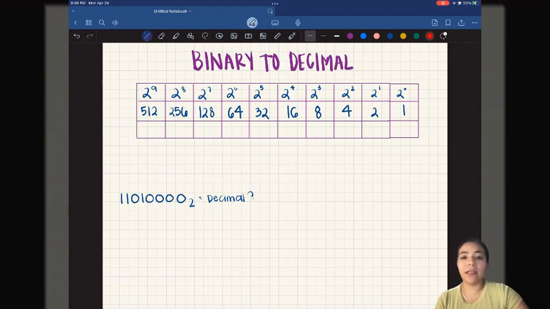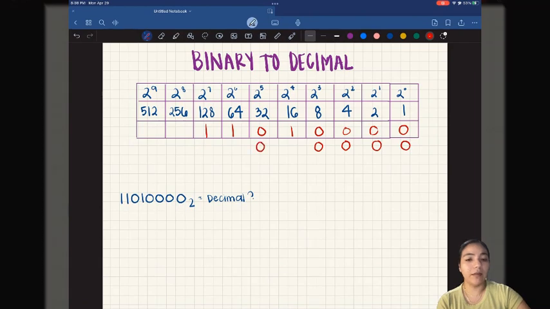Here, once again, it's showing us that table. Then we are going to copy this binary number onto our third row. We always want to go from most significant digit to least, so from left to right. Every time our value is 0 in our third row, we can automatically put 0 as our output for that.